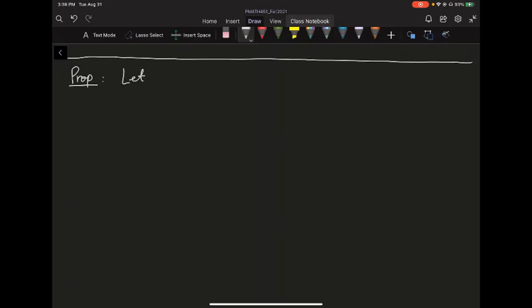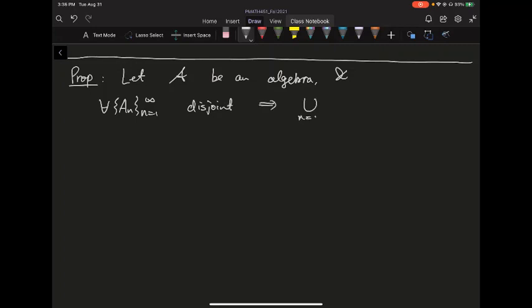So here's the proposition. Let A be an algebra, and suppose that we know that A is closed under taking disjoint union. What do I mean by that? For every A_n, n going from 1 to infinity, if they're disjoint, then their union, n going from 1 to infinity of A_n, is in A. Suppose I know that this algebra satisfies this weaker condition compared to the sigma union.